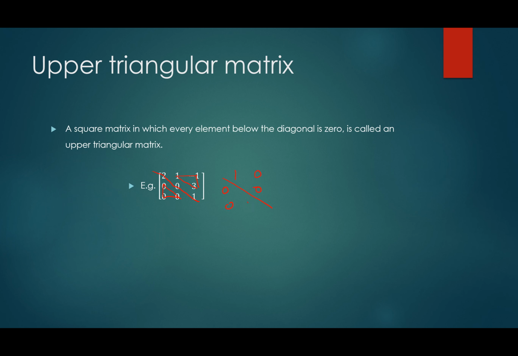But still it is called an upper triangular matrix. You got the concept. An upper triangular matrix is a matrix in which every element below the diagonal is 0.